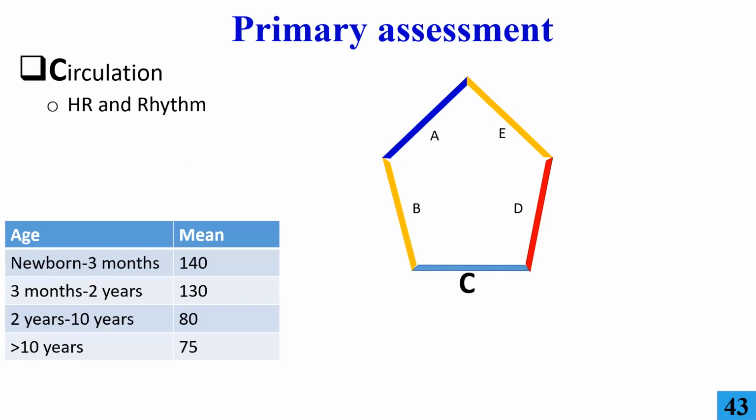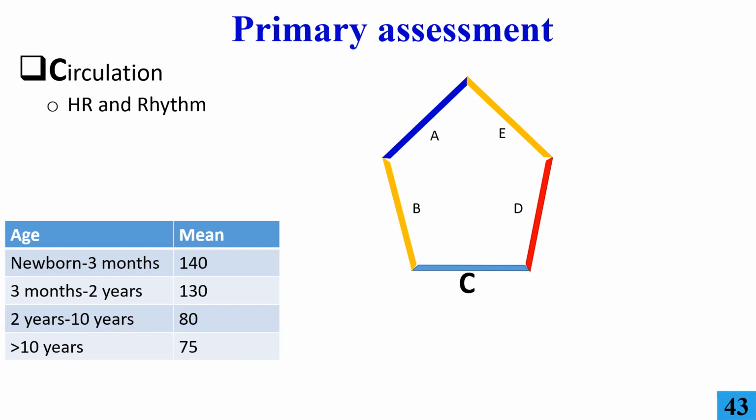The heart rate range in pediatrics is between 75 and 140. Now, in a newborn, it's usually 120, but it reaches up to 180 sometimes and down to 120, so that's not a problem.